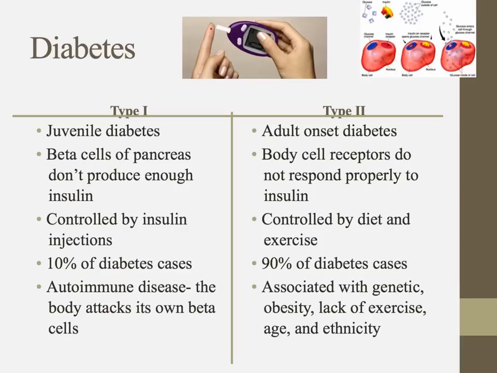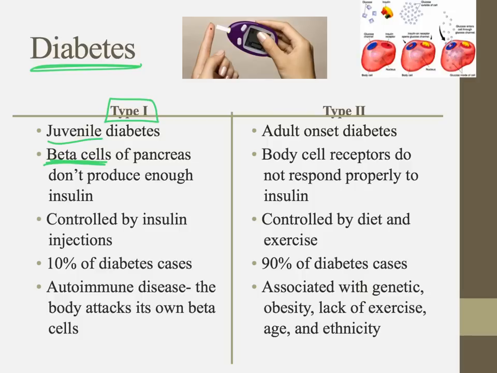Now, if you have a problem with this glucagon and insulin mechanism, you can be suffering from one of two types of what we call diabetes. And the two types are actually very different. In type 1 diabetes, we often call it juvenile onset or juvenile diabetes, this is when the beta cells are malfunctioning. They don't produce enough insulin. So there's a problem with the actual beta cells.